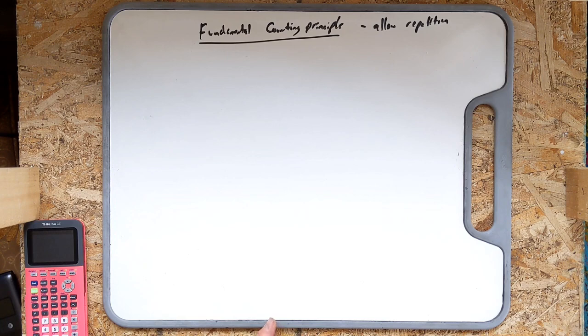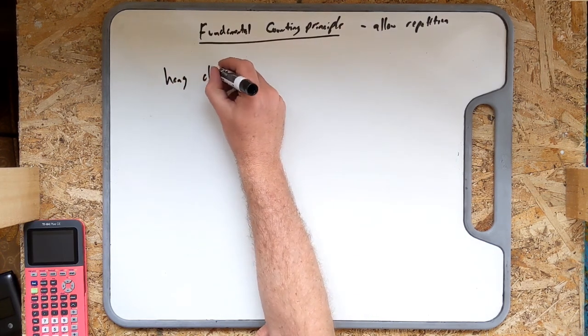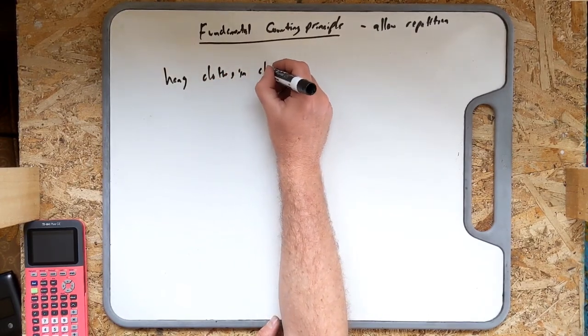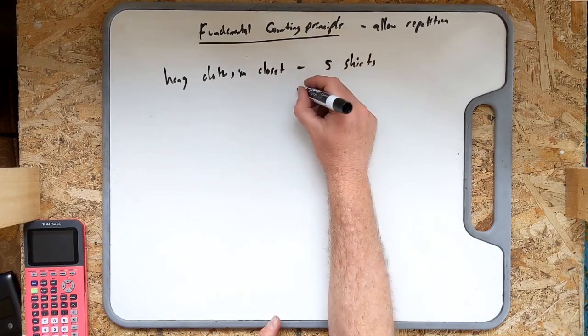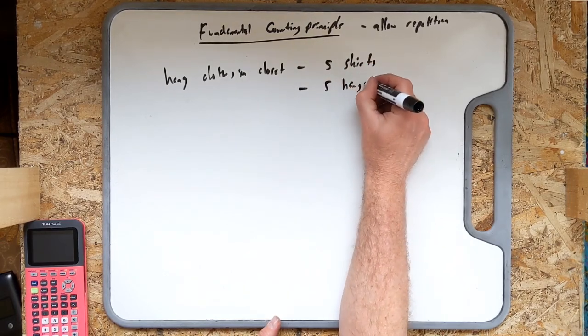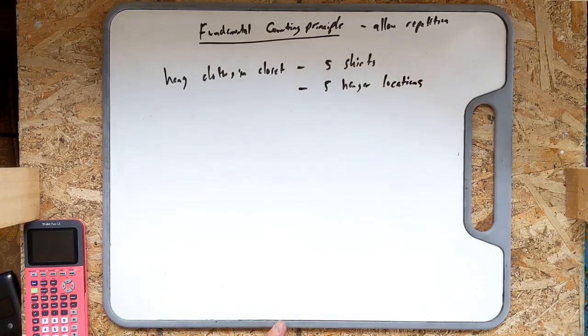First one I'm going to give you is an example of hanging clothes in your closet. Let's say you have 5 shirts and 5 hanger locations in your closet. The question is, how many different ways can you hang those 5 shirts? Again, you're still looking for outcomes.